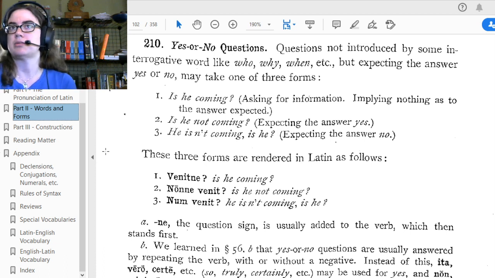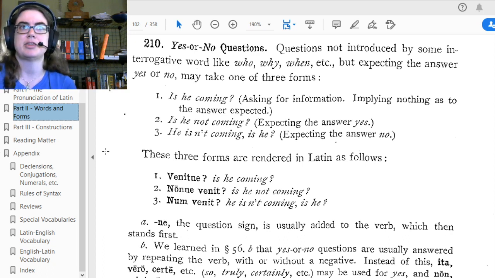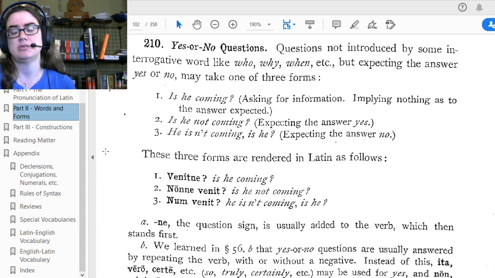Just a plain question, not a leading question, implying nothing as to the answer expected. Is he not coming? Expecting the answer yes. I thought so. He isn't coming, is he? Expecting the answer no.